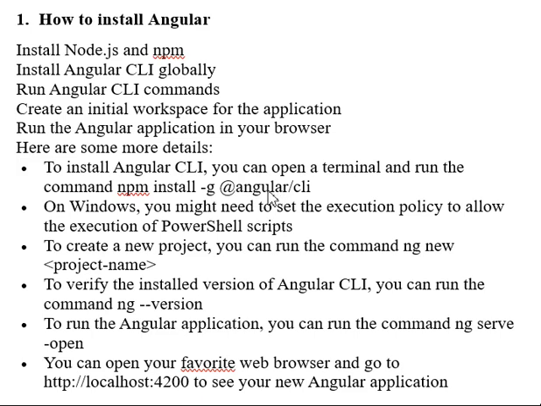Then if you want to start your Angular project, go to your directory where you want to set up the source of your Angular project. Then in the command you can write ng new your project name.